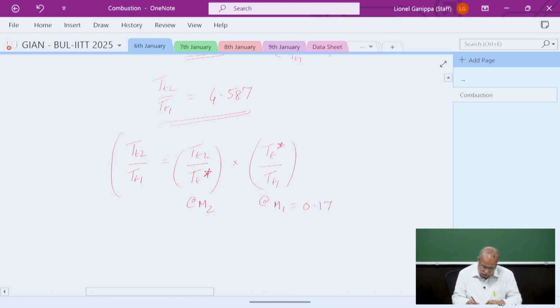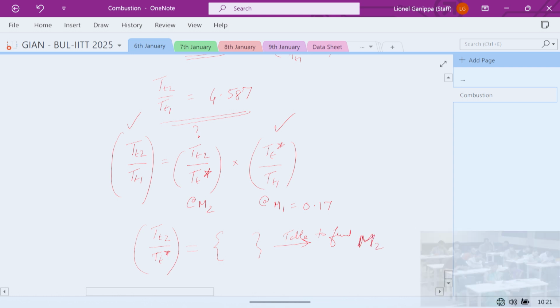And this value is known, because you found it from the table. This is the only unknown. Find this value TT2 by TT star, and then go to the tables to find the corresponding M2. Understood?